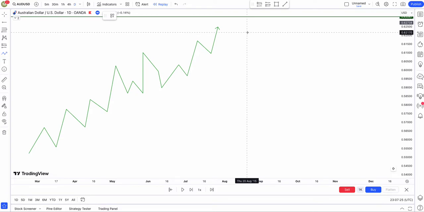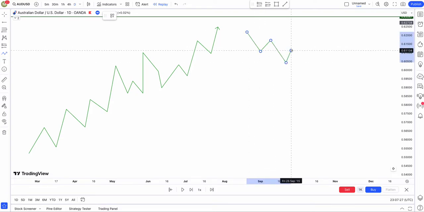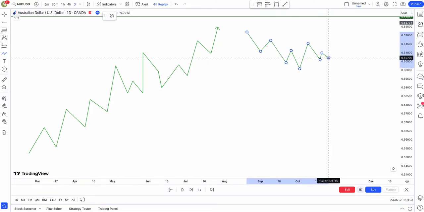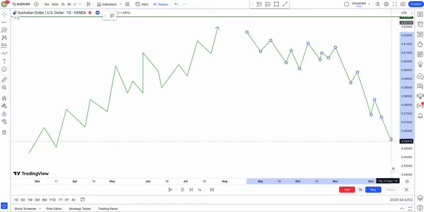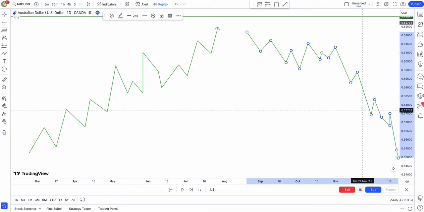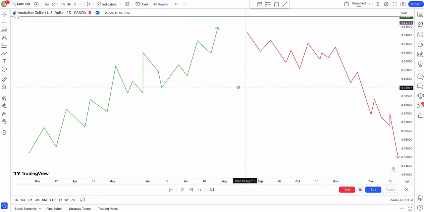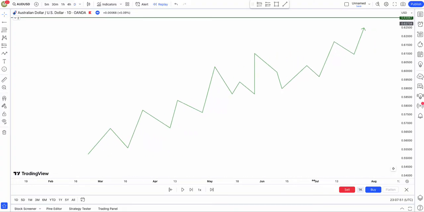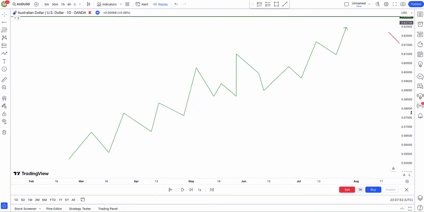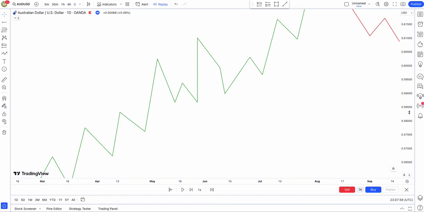And this is bearish. I'm sure everyone would know that too. This is bearish, this is bullish. The main difference between these two is the way the price moves.